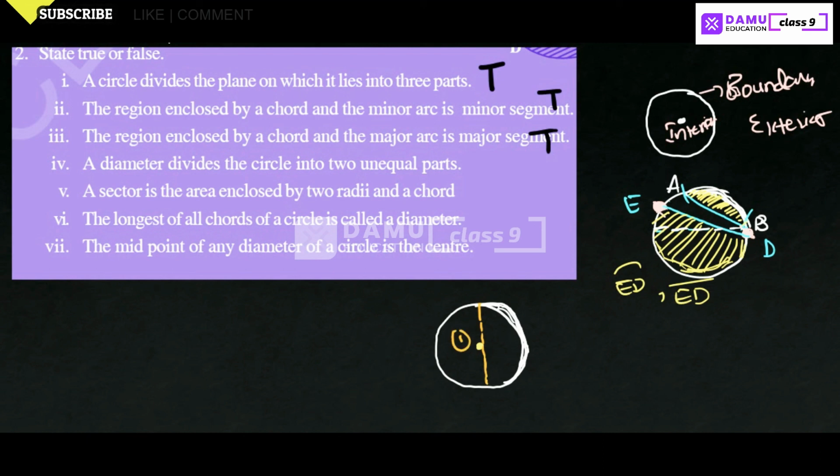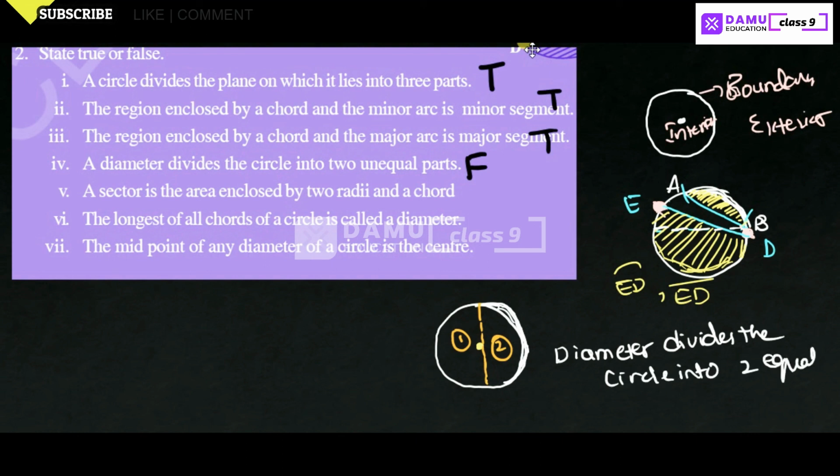So two equal parts of semicircles. It will not divide into unequal parts, it will divide into equal parts. So a diameter divides the circle into two equal parts. So this is the diameter.